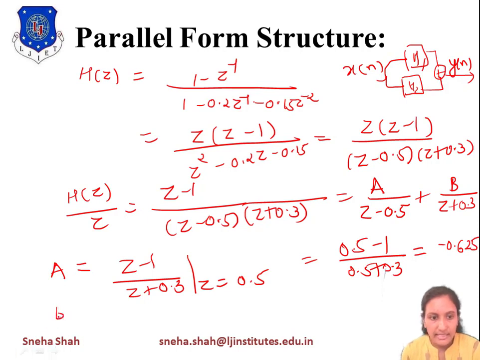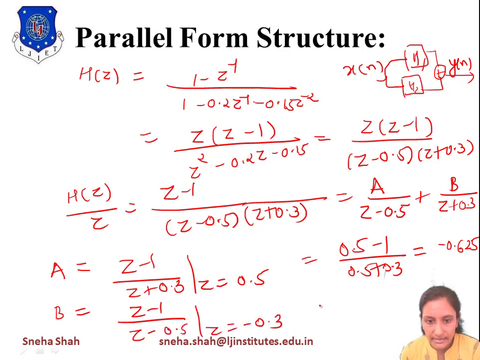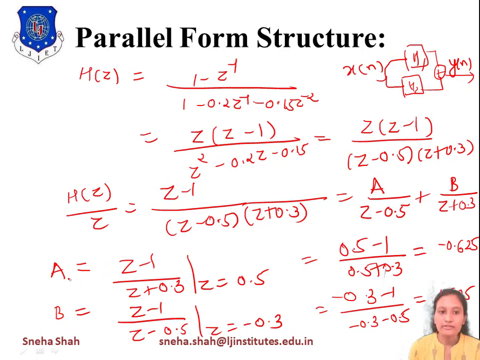Similarly, if we find the value of b, it is z minus 1 upon z minus 0.5, we will not take that factor, right? At z equals minus 0.3. And if we put minus 0.3 minus 1 upon minus 0.3 minus 0.5, it will give you the output as 1.625.